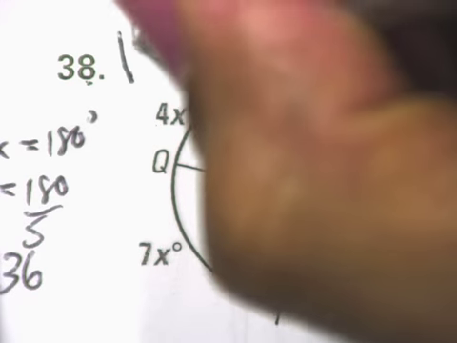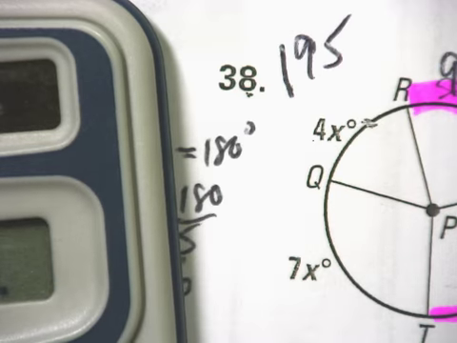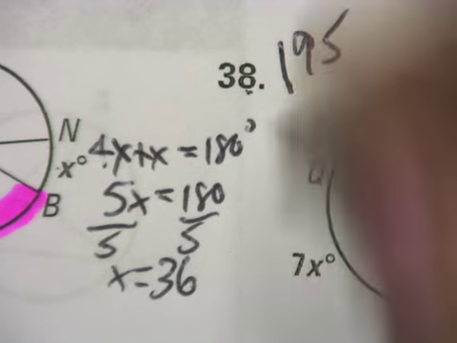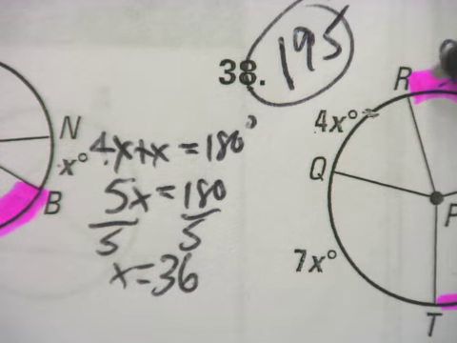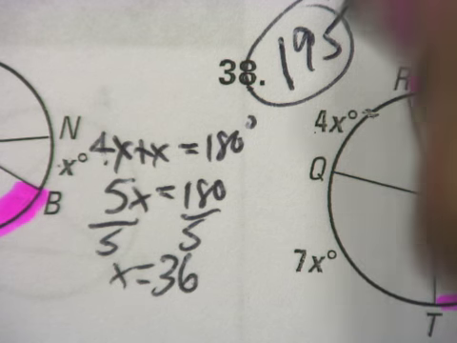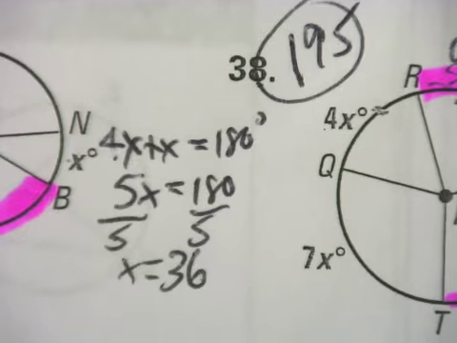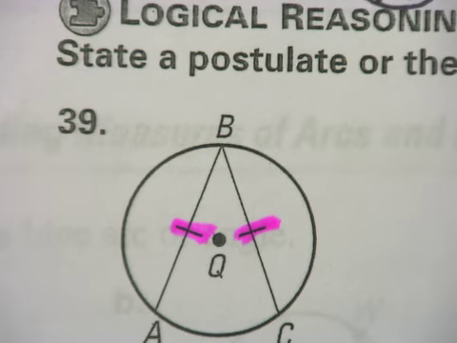So if I add 90 plus 105, I'm going to get the answer, which is 195. So arc RST, or arc TSR, is 195 degrees.